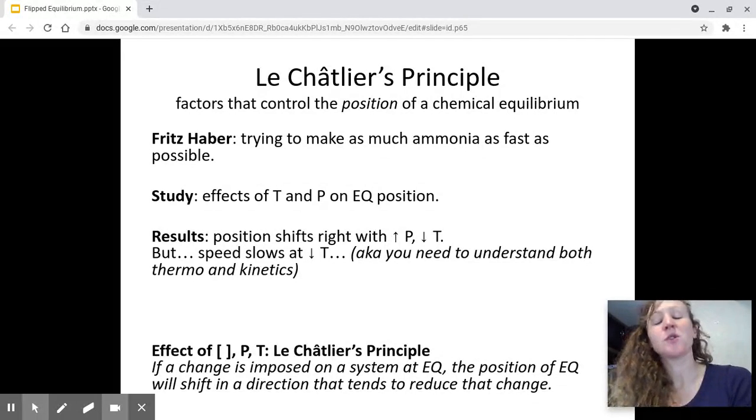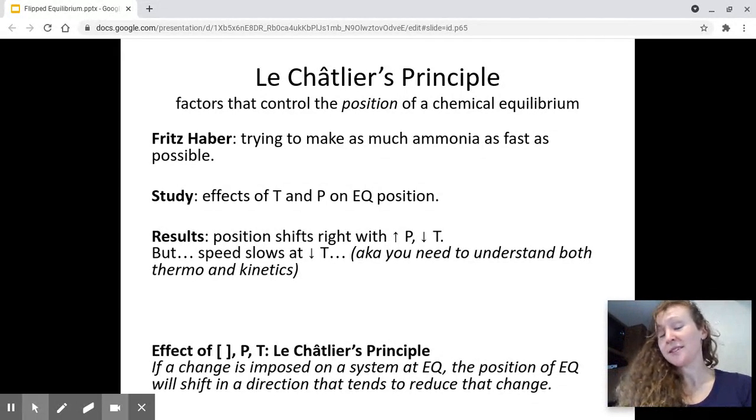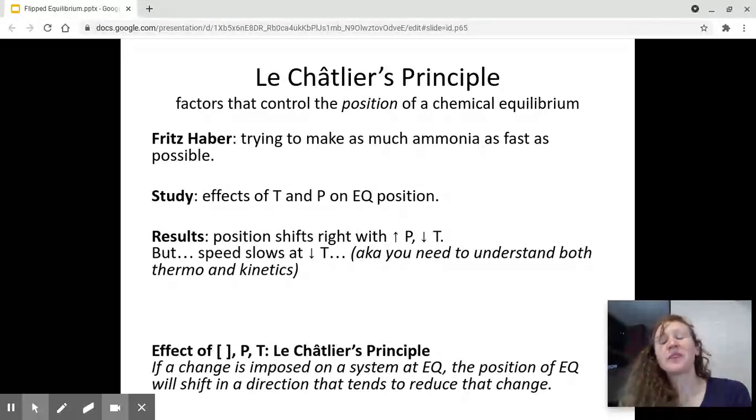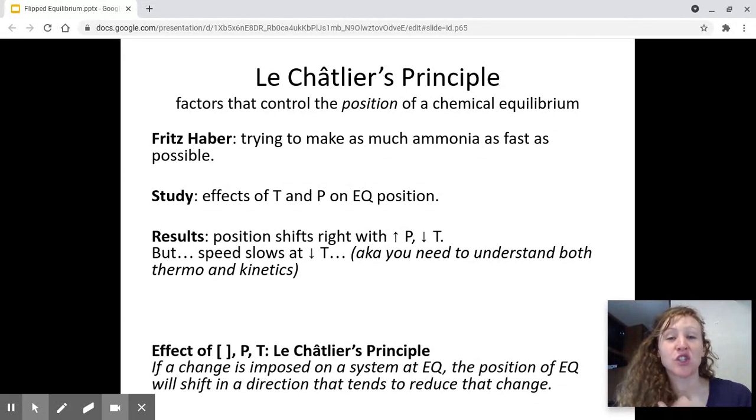Now, if you speak French, you probably would not say this the same way that I say this, but I do not speak French, so we're going to call it Le Chatelier's principle. And what this introduces us to are factors that can control the position of a chemical equilibrium.